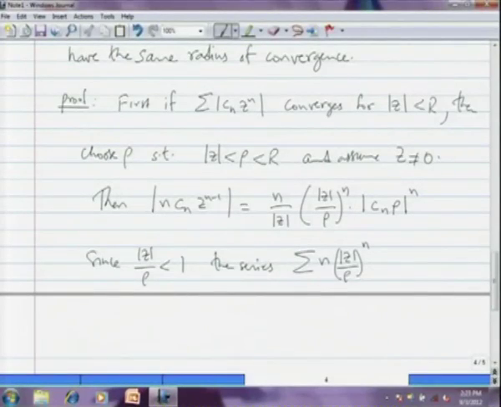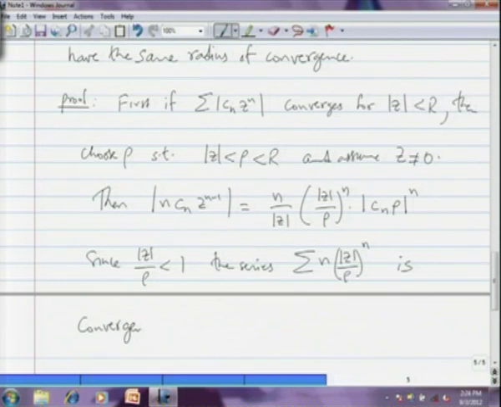So, sigma n mod z by rho power n is convergent, absolutely convergent actually.